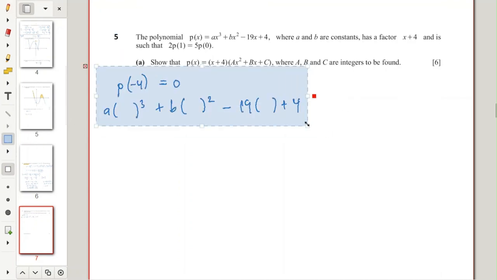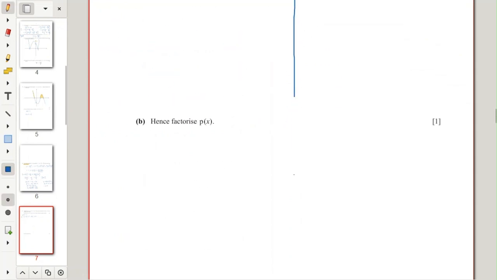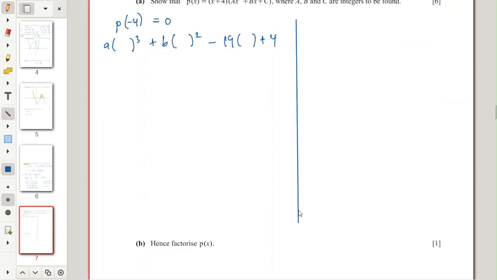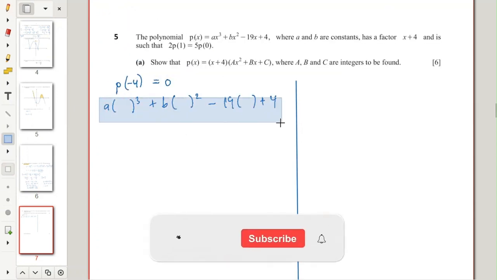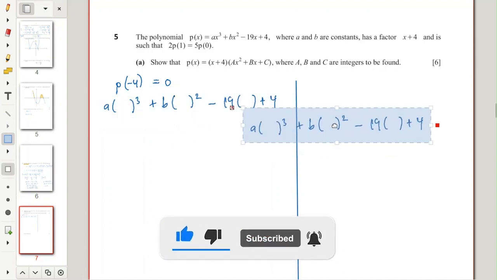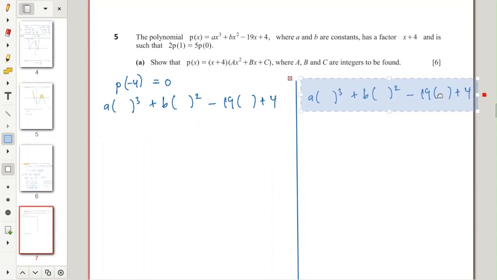Let me squeeze it a little bit. Let me save this one here. This might be helpful for me later.